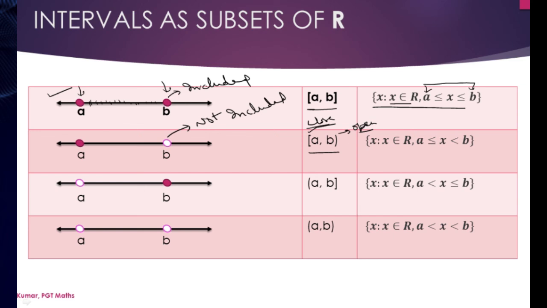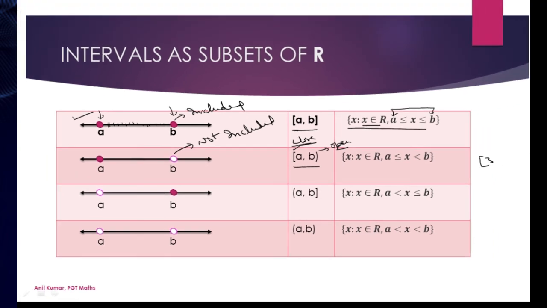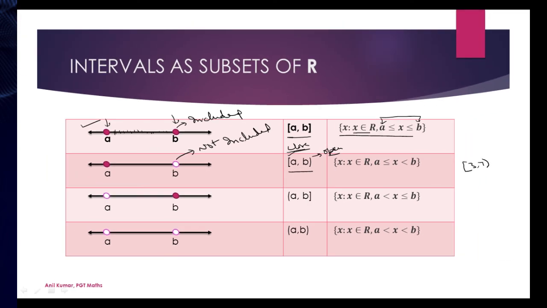For an example, if I say a set 3 to 7 and on this side I put an open interval, it means it will start from 3 and 3 will be included, 3.1, 3.2, 5, 6, 6.99, 6.999 will be included, and so many nines as many as you want, but 7 will not be included. That's why it is an open interval.